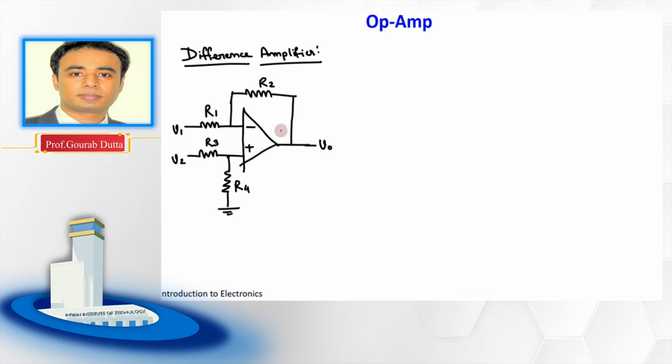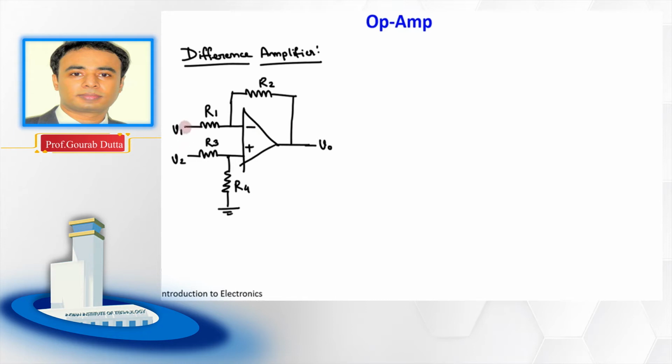So the common part will be rejected, and the difference part between these two signals is expected to get amplified by this amplifier, right? So let us do step-by-step analysis of this difference amplifier, and let us see what is the expression of the output voltage in terms of R1, R2, R3 and R4, right?